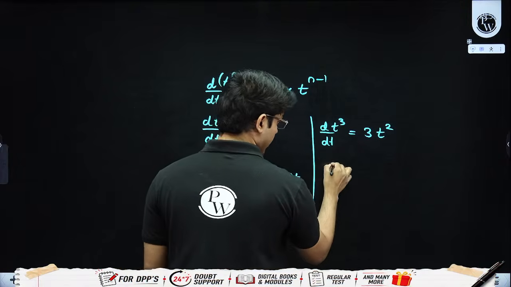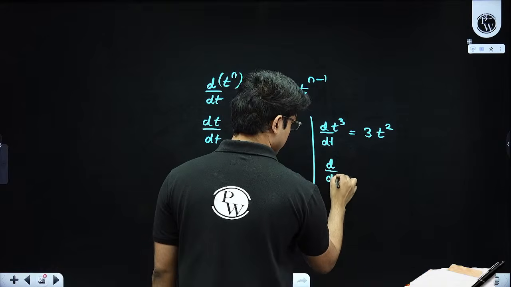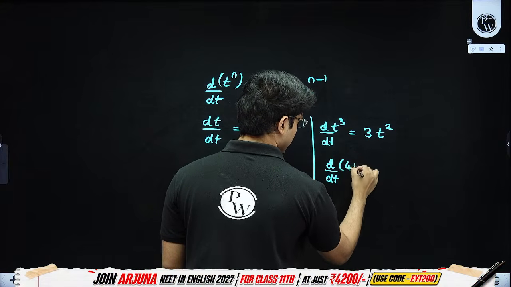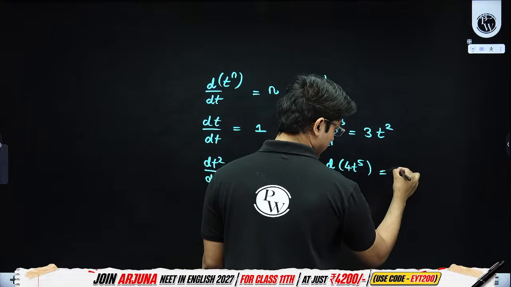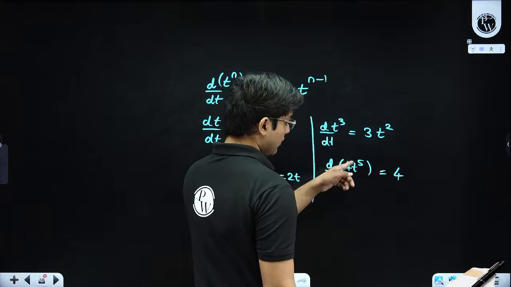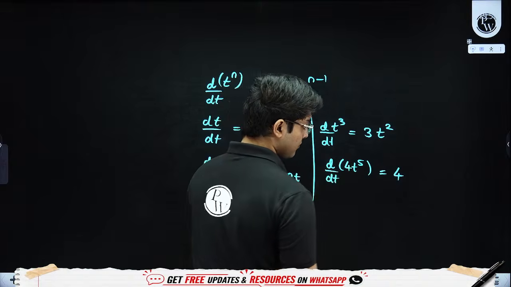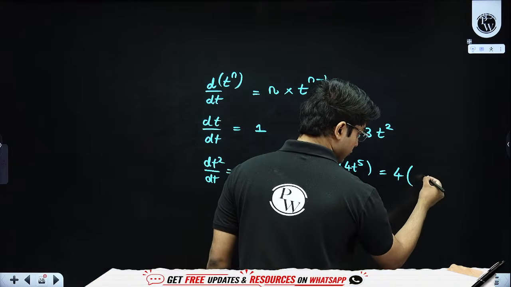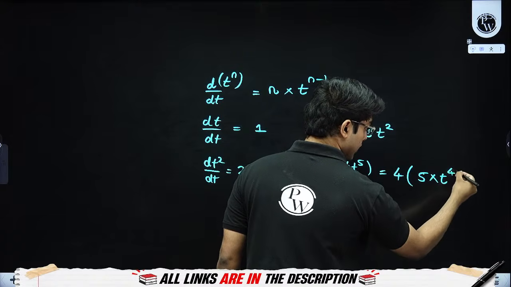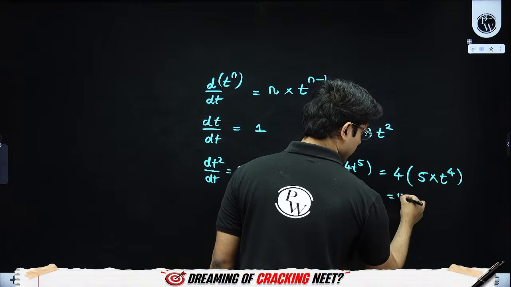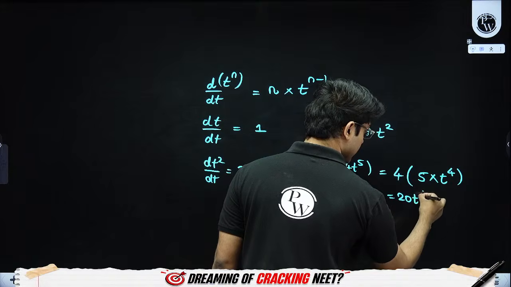And how do you differentiate 4t raised to 5? Here the constant 4 can be taken outside, and what is left is t raised to 5. The 5 comes front and you reduce the power of t by 1. So this in total will be 20 t raised to 4.